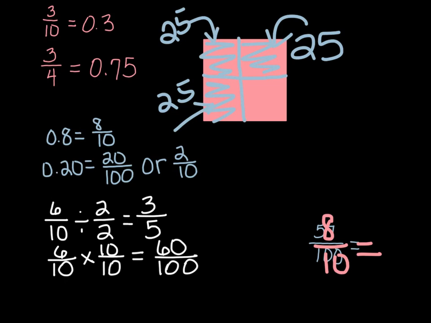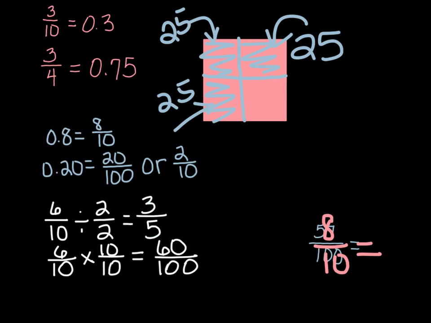Okay? Now, we have another way that we can come up with an equivalent fraction. For example, if we have 6/10, as I do here, if I divide my numerator and my denominator by the same number, so I've got a 2 and a 2, I get an equivalent fraction to 6/10, which gives me this 3/5.